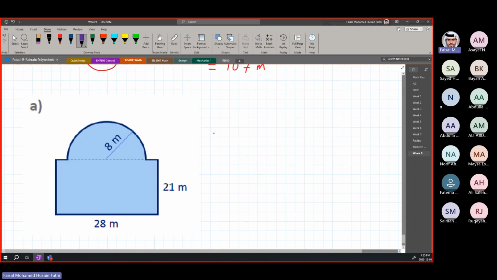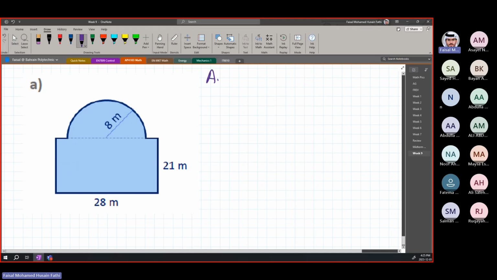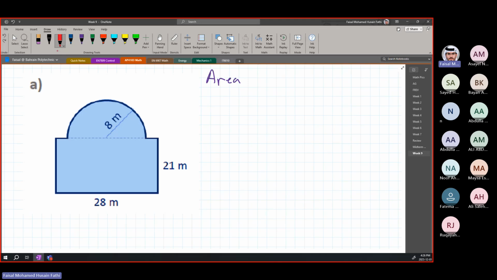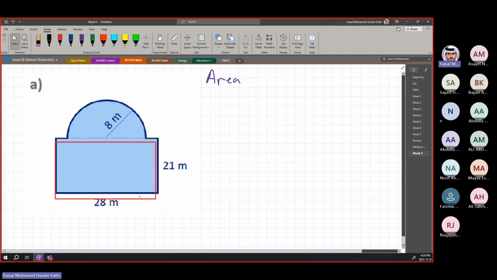Okay. Now we are talking about areas. Area is very straightforward. We're going to split this into 2 parts. Part number 1 is going to be the rectangle at the bottom. So this is going to be our first part.